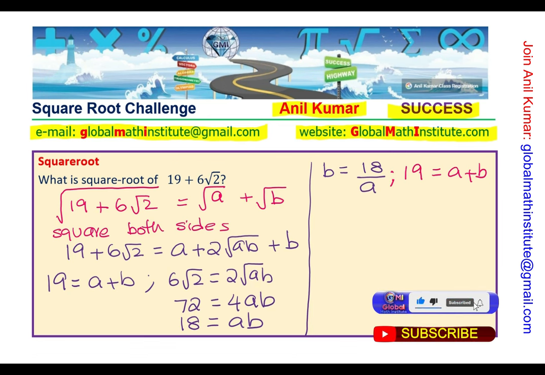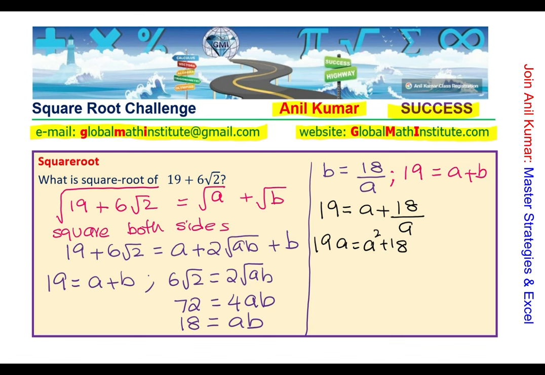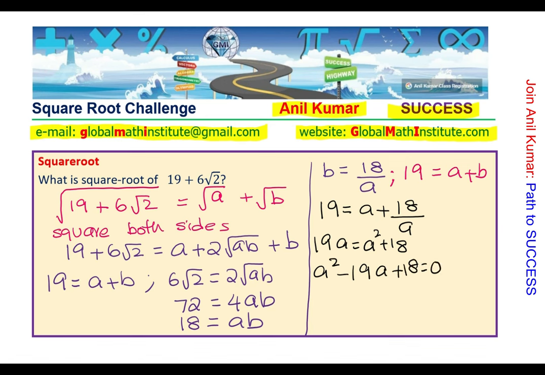So we can now rewrite this as 19 equals a plus 18 over a. Multiplying by a, we get 19a equals a squared plus 18. Bringing all the terms together, we get a squared minus 19a, writing the quadratic equation in the correct order, plus 18 equals 0.